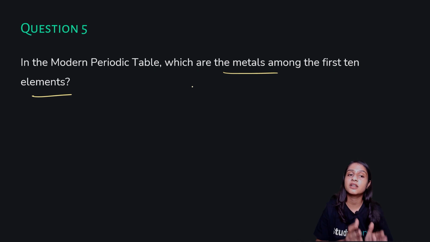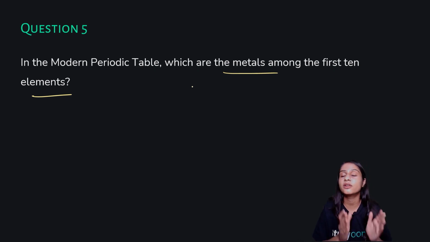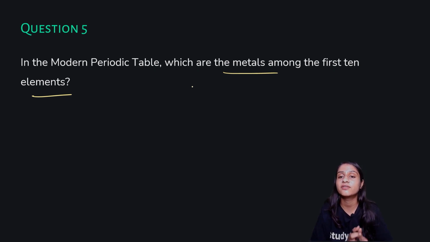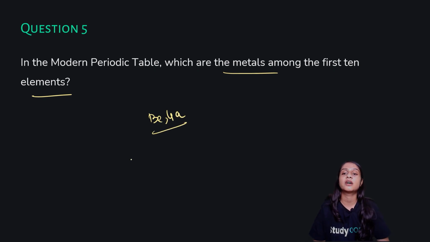From the first 10 elements, you can see that only on the left-hand side will there be the metallic character. So beryllium and gallium, these are metals among the first 10 elements.